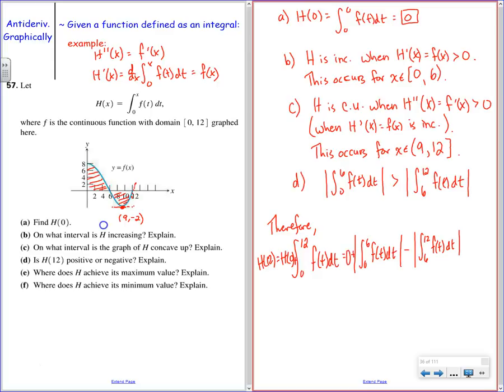I could do 0 plus. Since that is smaller than that, this is going to have to be greater than 0.